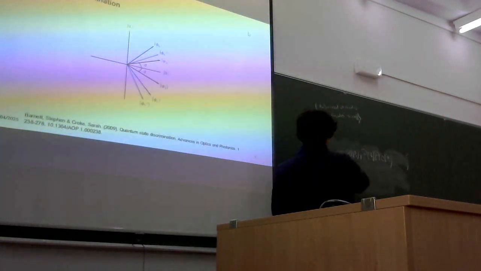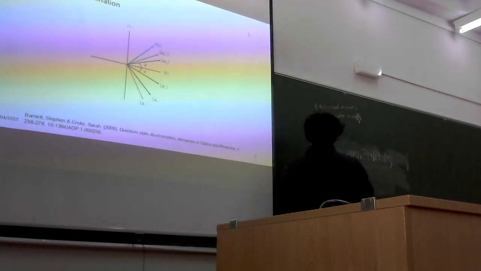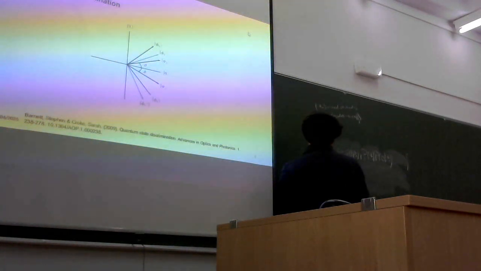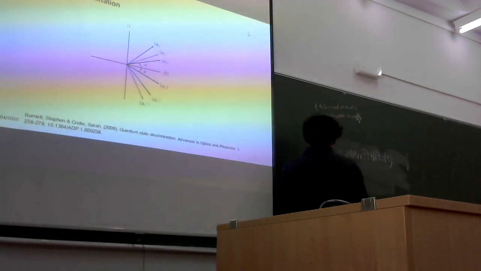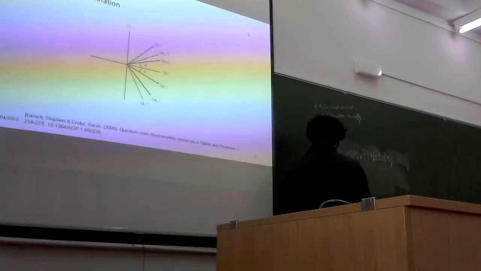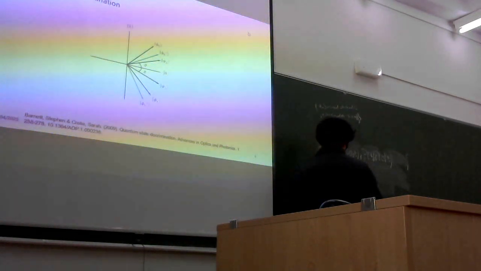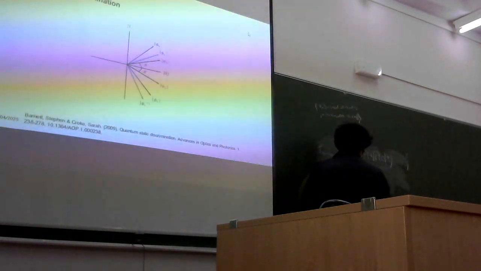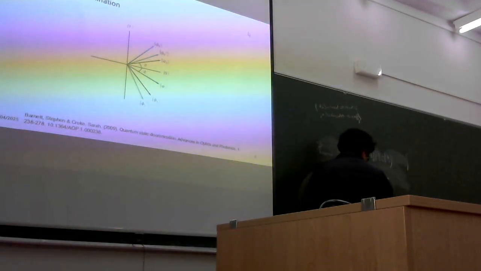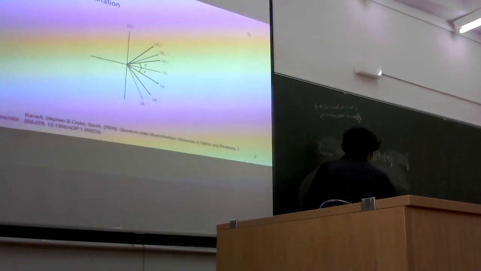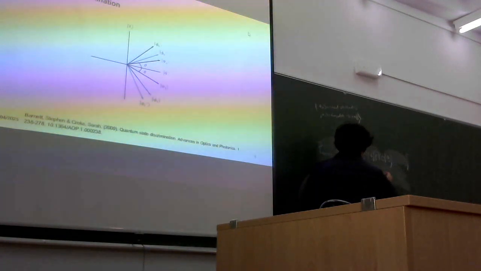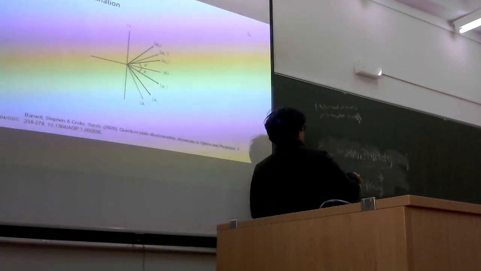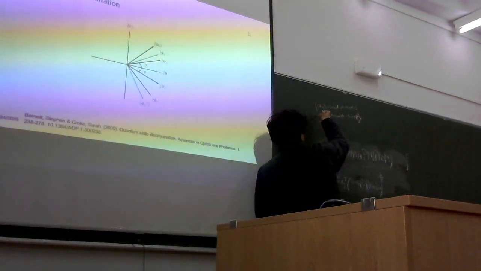Let's say that I have this operator. Well, I will have eigenvalues in this way, where these are the probabilities related to measuring one state or the other state.